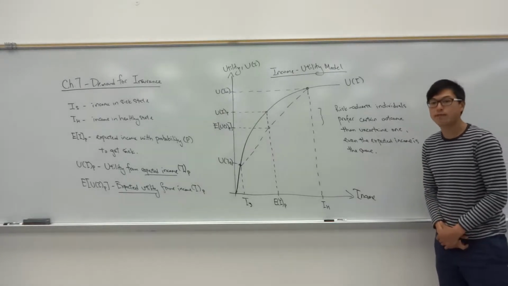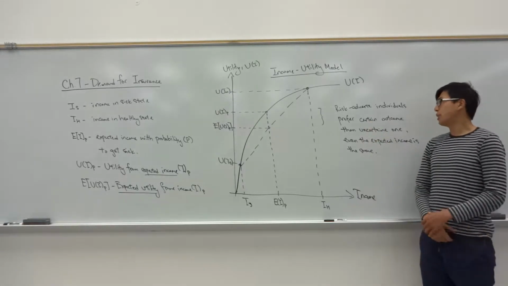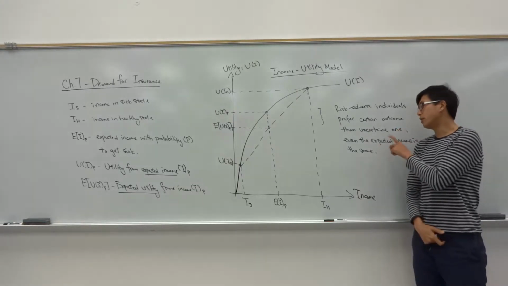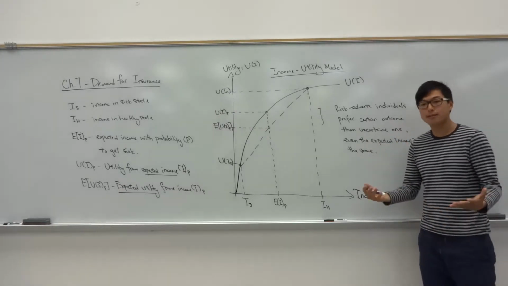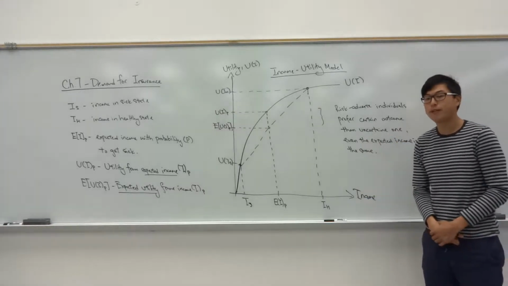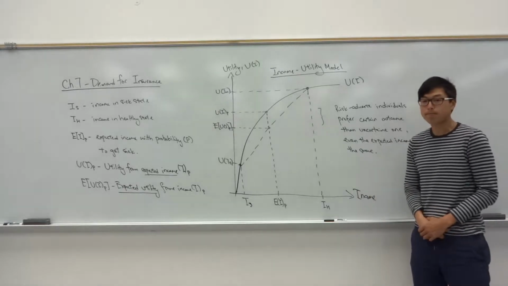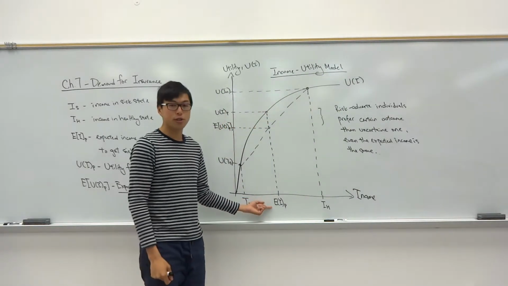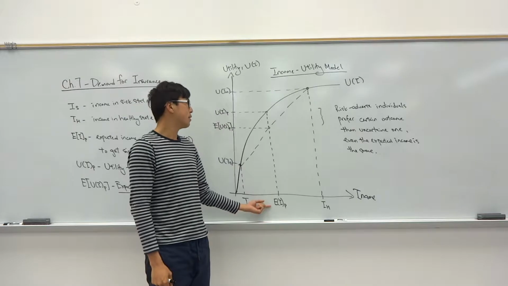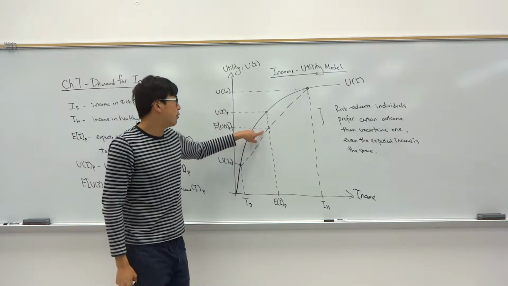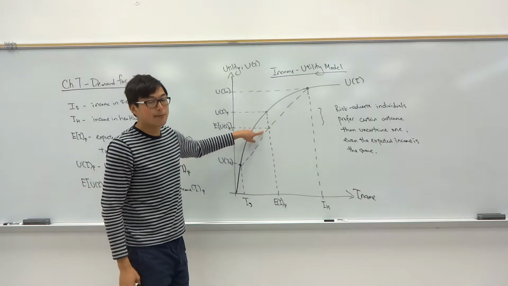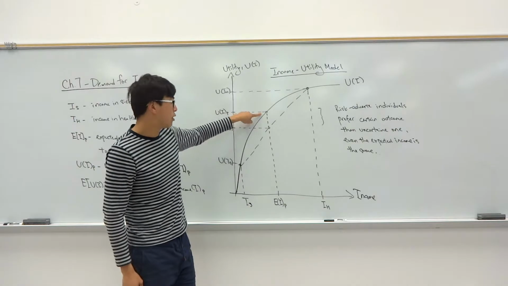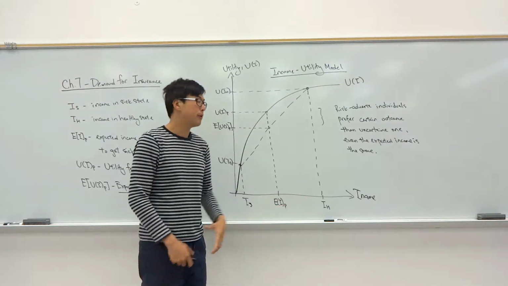A risk-averse individual prefers certain outcomes over uncertain ones, assuming the expected income or the expected returns of certain investments are the same. In this case, we don't know if this income is certain or not because life is unexpected, so the expected utility will definitely be lower than the certain utility when we know exactly how much we are going to earn.